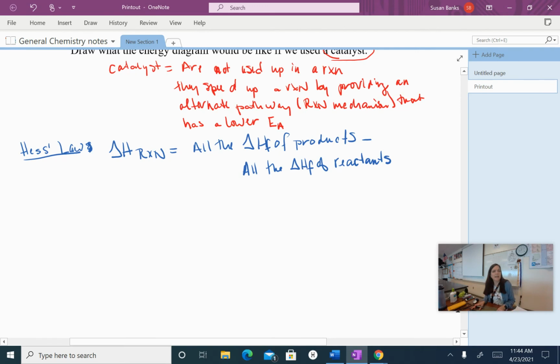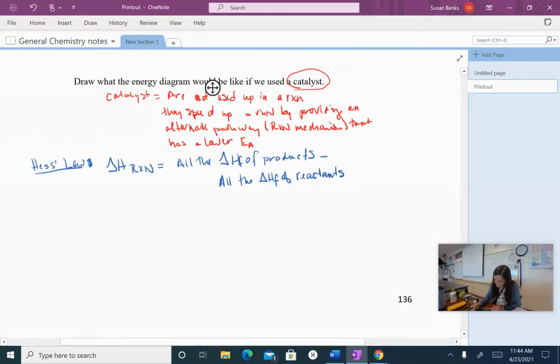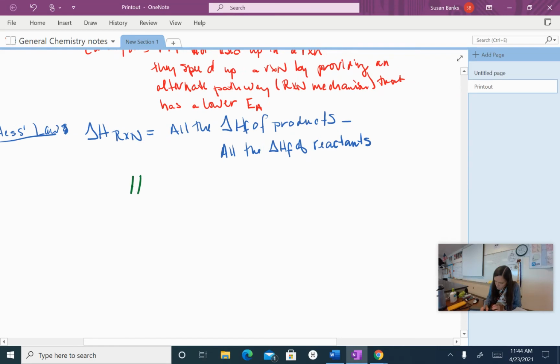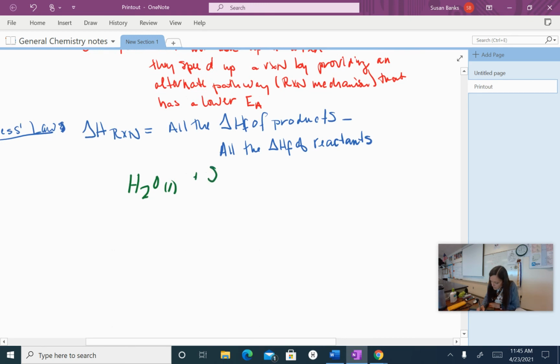So this is how acid rain is formed in the atmosphere. We have water vapor in the atmosphere, or water in terms of clouds. I'm going to put it in the liquid state here. And then we have sulfur trioxide that is given off when we burn coal to create our electricity.